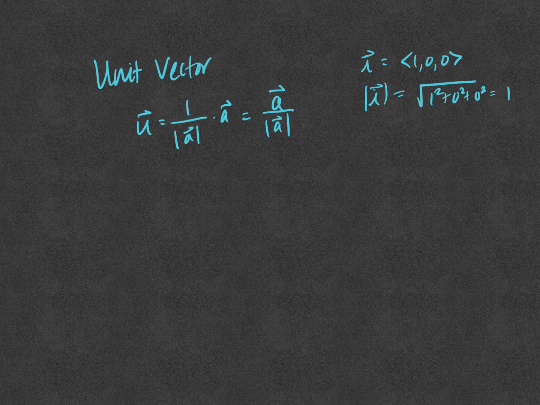Let's look at an example. We need to make a note here. Note, a cannot be the 0 vector. Why is that? Because you can't divide by 0. So we have that note, and let's boil it down into vector a over the length of vector a. So let's do one of these.